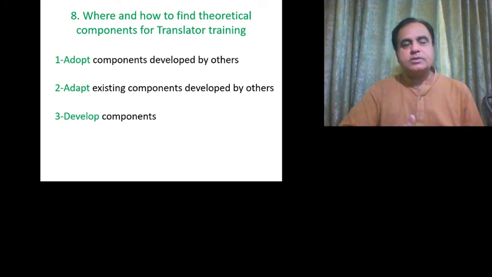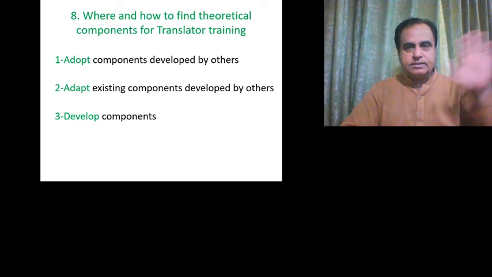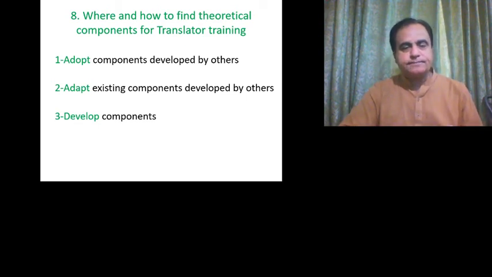Nowadays, people are at least translating books from English into Urdu as well. So theoretical components are available in the books of theories written by translation scholars, or in translation history books, or in other material that discusses the theoretical phenomena of translation.